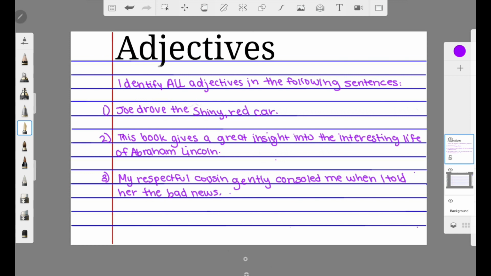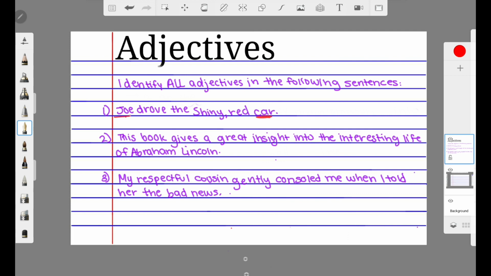For practice, identify all the adjectives in the following sentences. Alright, let's go over it. Our first sentence is: Joe drove the shiny red car. So let's identify some nouns that might be modified. We have Joe is a noun, car is a noun.